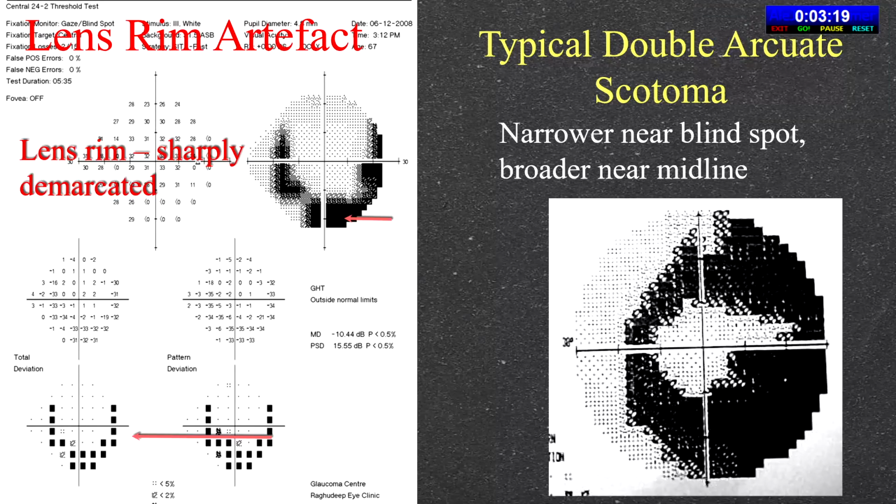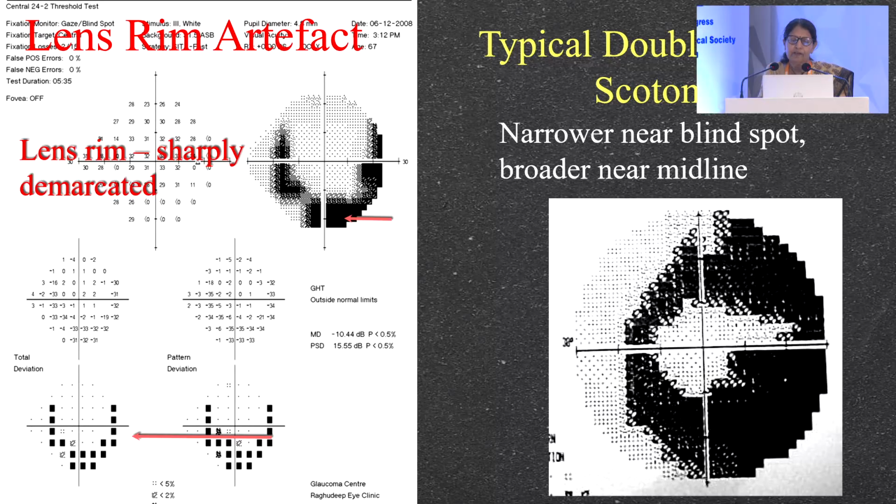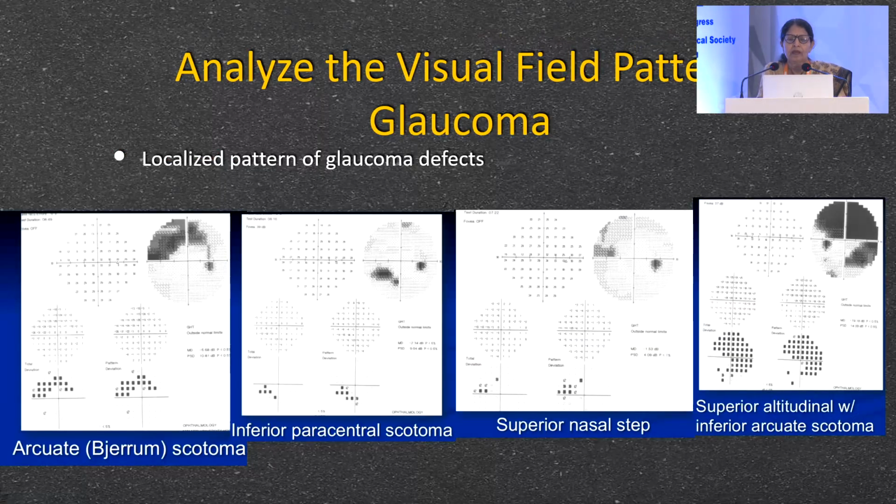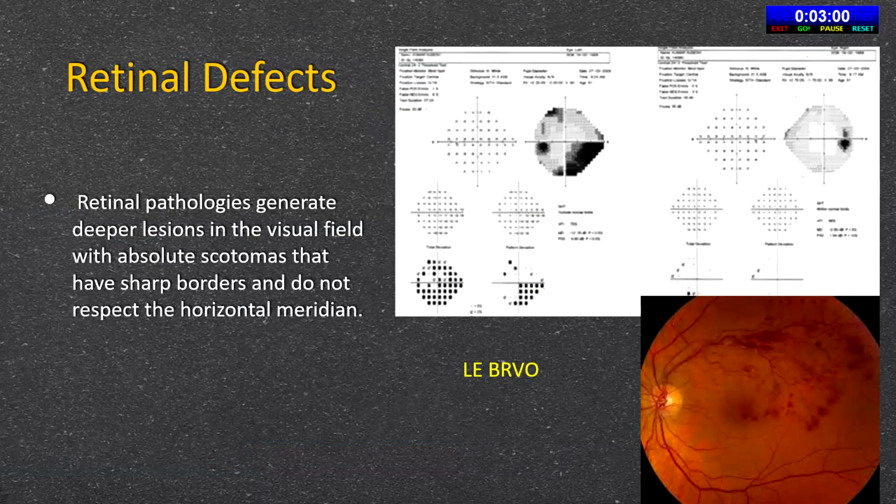This is a typical lens rim artifact. The patient's head has moved back. It should be compared with the typical double arcuate scotoma here. Arcuate scotomas are narrower near the blind spot and broader near the midline. So these are typical patterns that you see with glaucoma patients.